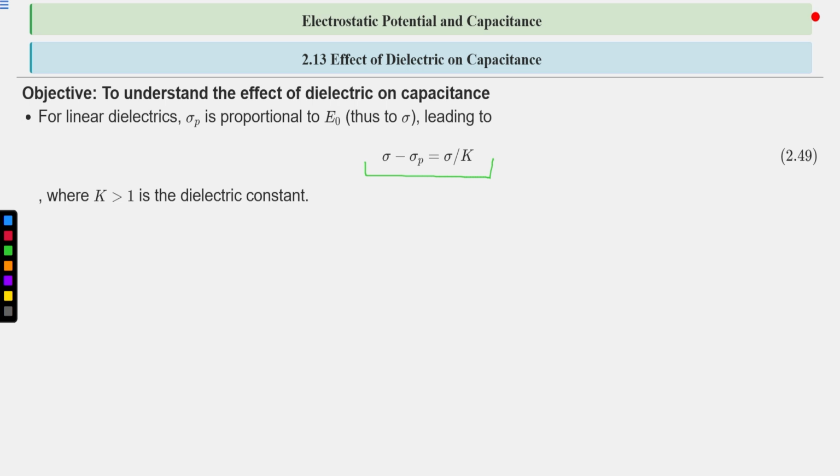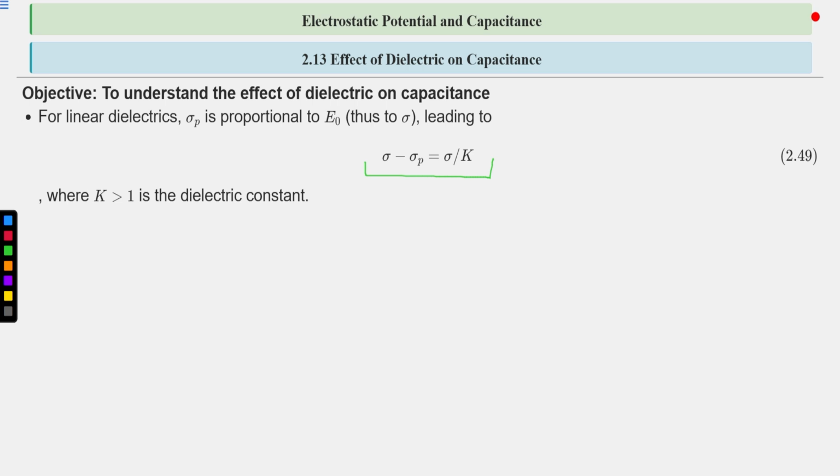What is the dielectric constant according to the electric field chapter? You have done the ratio of the external electric field upon the reduced electric field equal to k, or you may have done epsilon by epsilon naught equal to k.